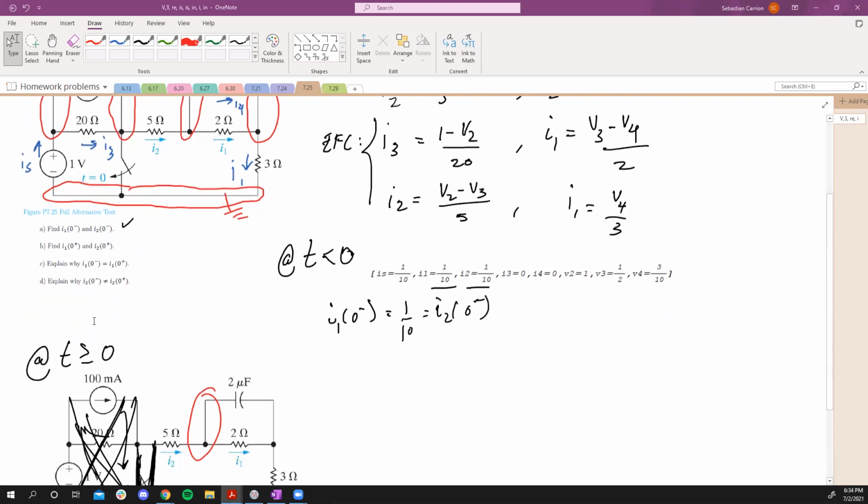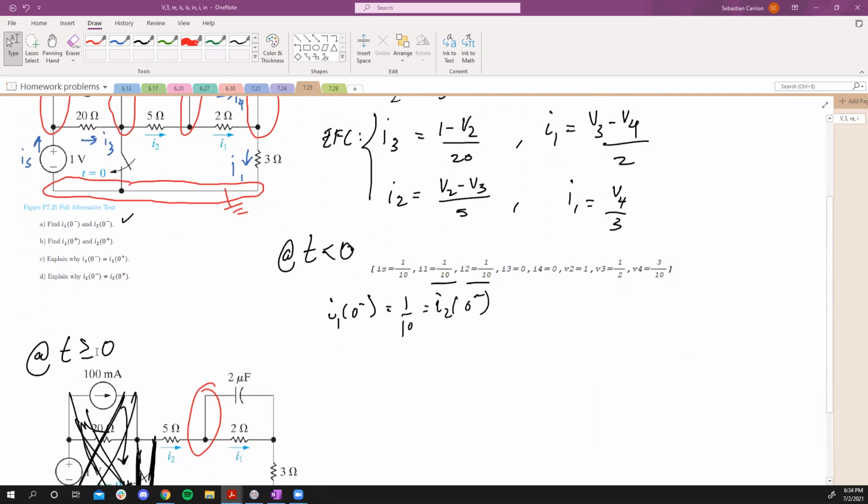we want to account for V3 and V4. We want to take V3 and V4 as these values here as well.